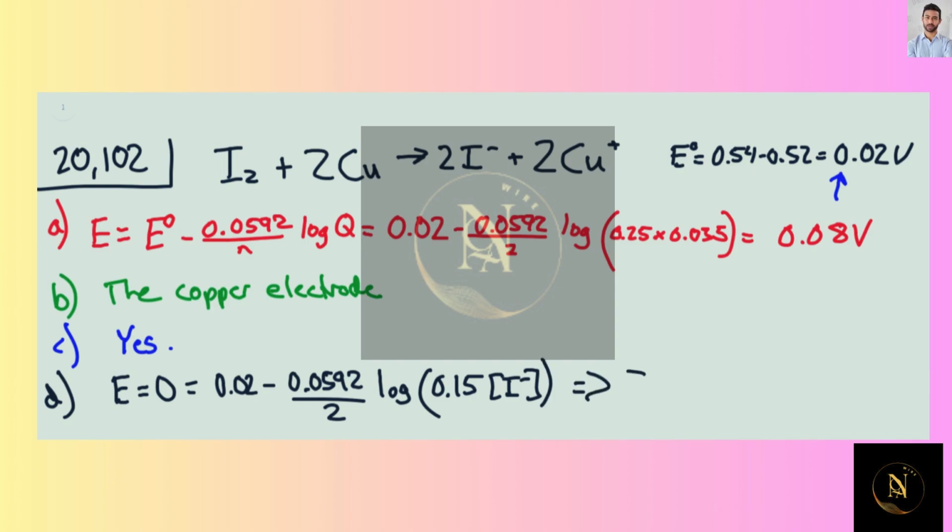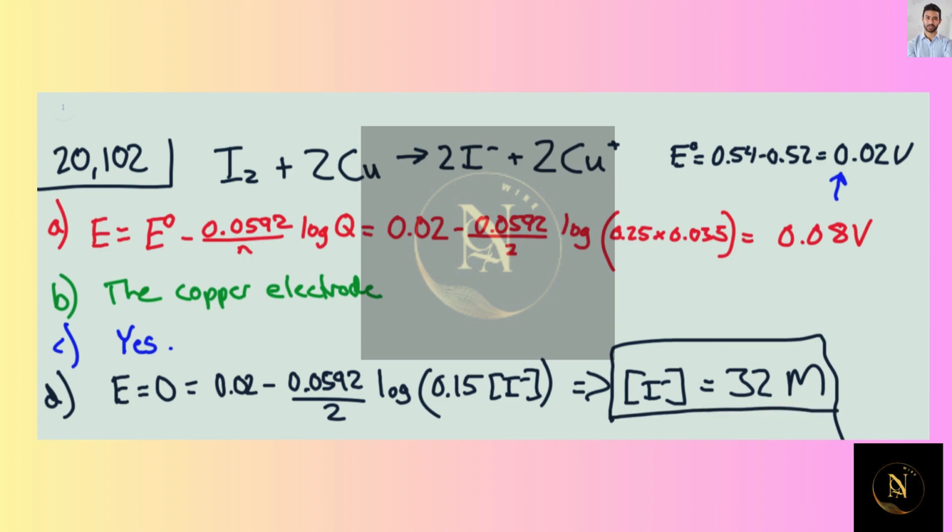So we can solve this equation here for iodide concentration by subtracting 0.02 from both sides, then multiplying by -2 over 0.0592 and taking the antilog, and when we do that we get a value of 32 molar. So a very high concentration necessary to reduce this to 0.